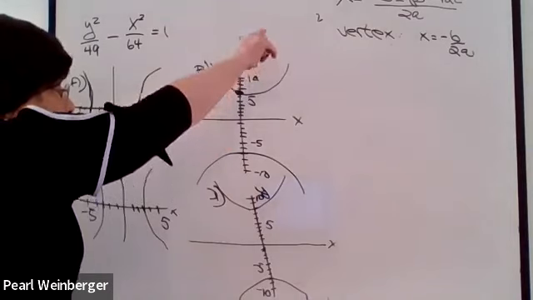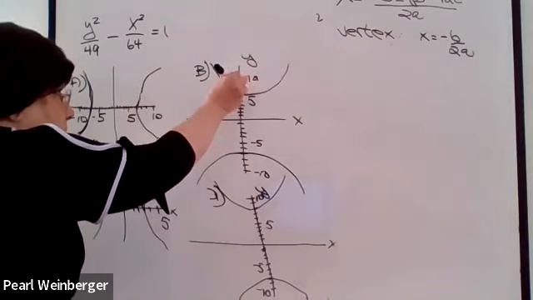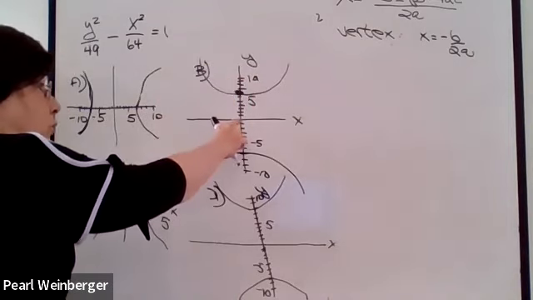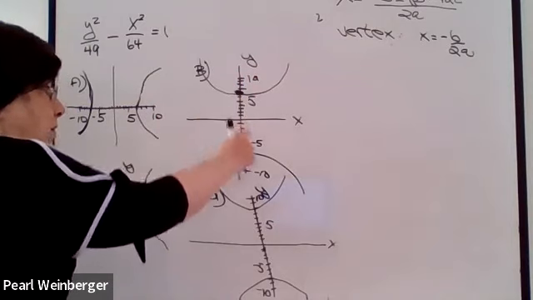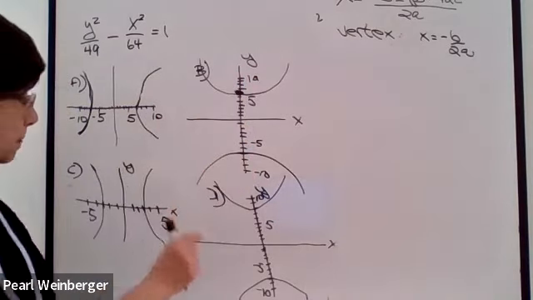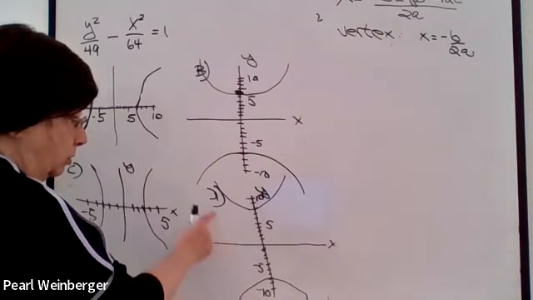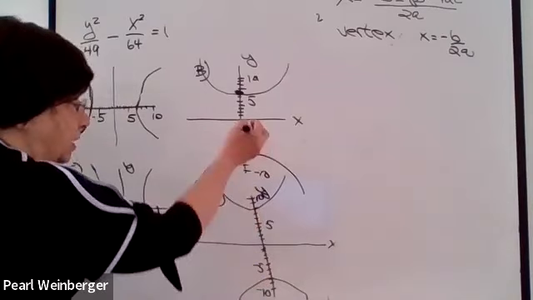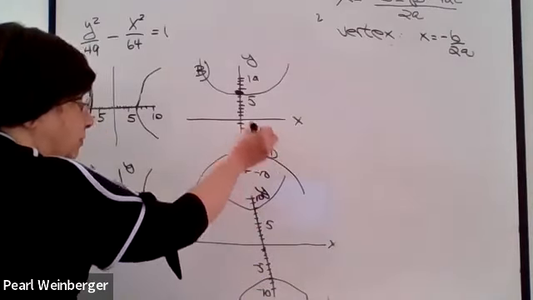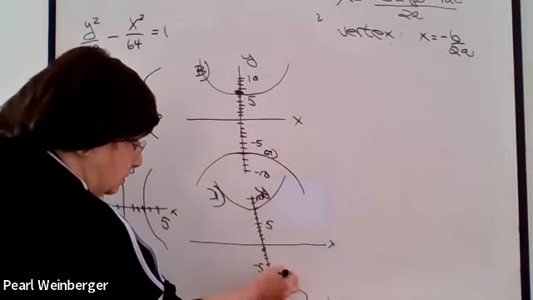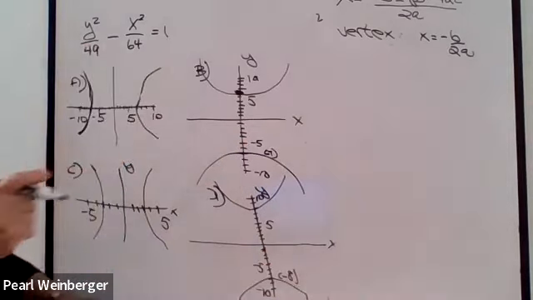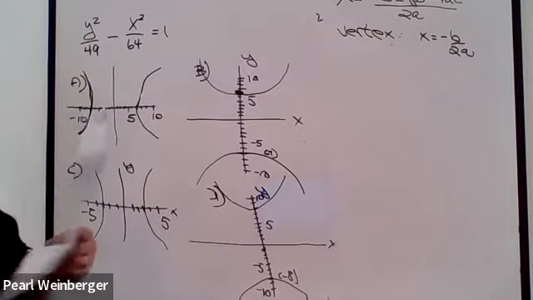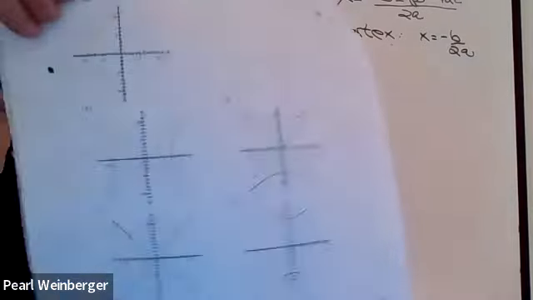This has y branches. Has branches crossing the y-axis at 7 and -7. And this has branches crossing the y-axis at 8 and -8. So this is 7. You have to be careful. This is -7, and this is -8. You have to look on the picture. You have to look very closely because they look very similar on the picture. I'm going to hold it up so you can see.